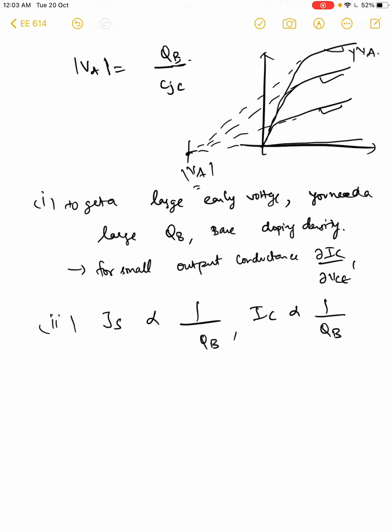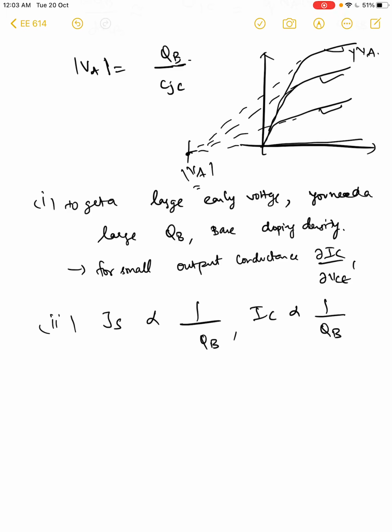So this is a trade-off that most designers with BJT have to face, that if you want to increase the collector current, you have to reduce the base doping integral, and if you want to have a very high output impedance or low output conductance, you need to have a very high base doping concentration, right?